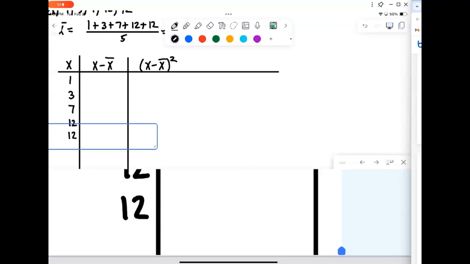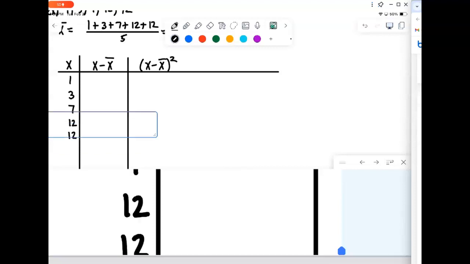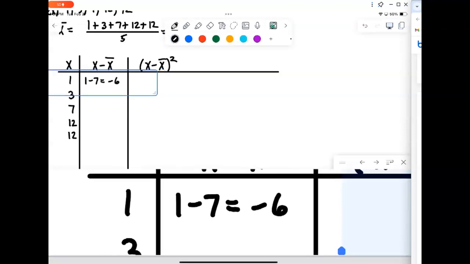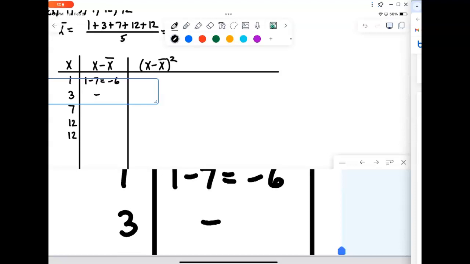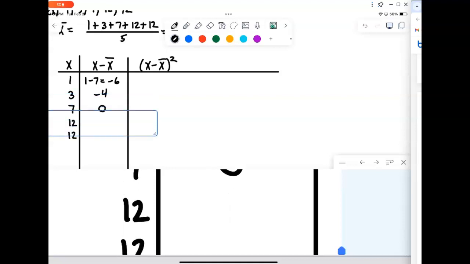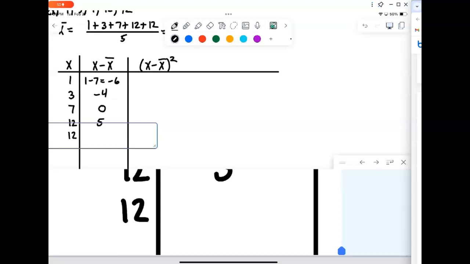And then we're just going to take each data value and subtract off the mean. So 1 minus 7 would be negative 6. 3 minus 7 would be negative 4. 7 minus 7 would be 0. 12 minus 7 would be 5. 12 minus 7 would be 5.